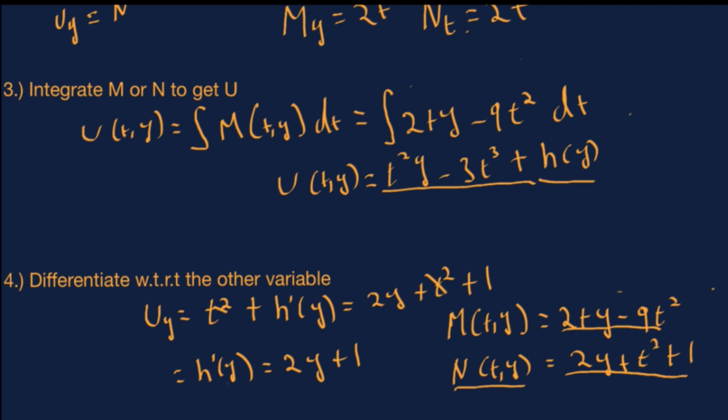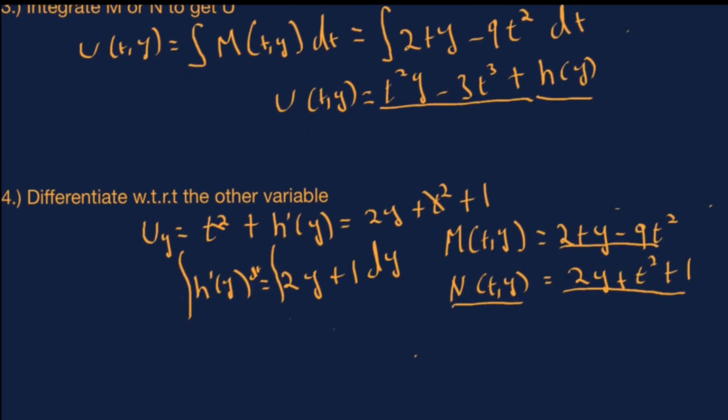And so to get rid of this derivative, we integrate both sides with respect to y, and that becomes h of y. h of y is equal to y squared plus y. And we don't need to include the constant of integration here because it will just be absorbed into another constant when we plug this back into the function u.